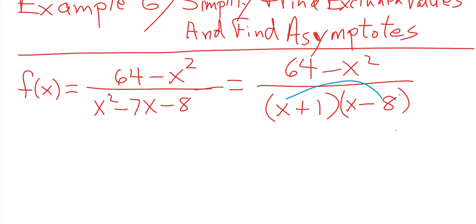We don't want that. We want it to be reversed. We would like to have x plus 8, x minus 8. In other words, we would like it to be x squared minus 64. How can we reverse this? How can we get these two guys to change places?